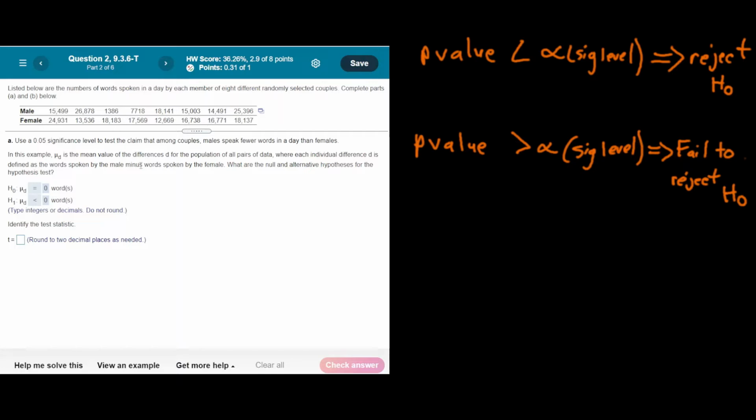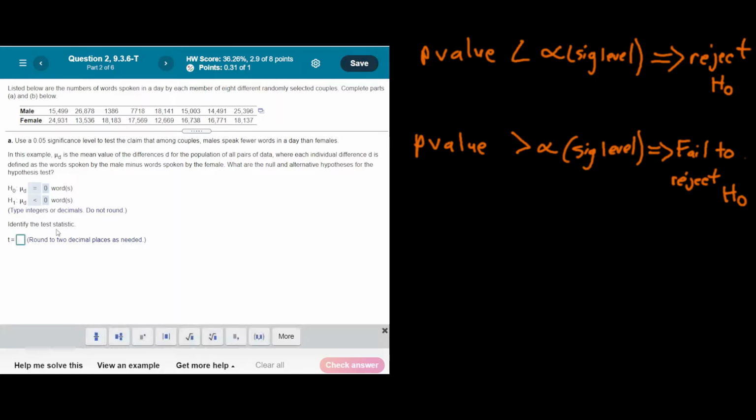It's even, I guess, to avoid gender bias, to say that females speak more. That's smart, very smart. Anyway, we're talking about males less than females, so we're going to choose the less than symbol because the males came first. It's with respect to the males. So male less than female, that's where we choose the less than. Always choose the equal to for the H sub 0.